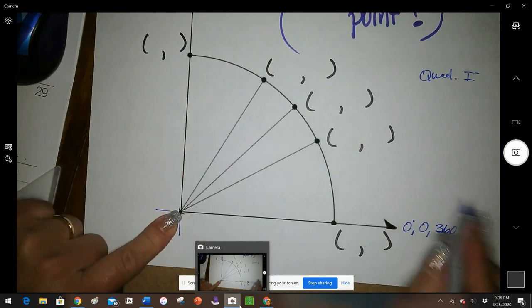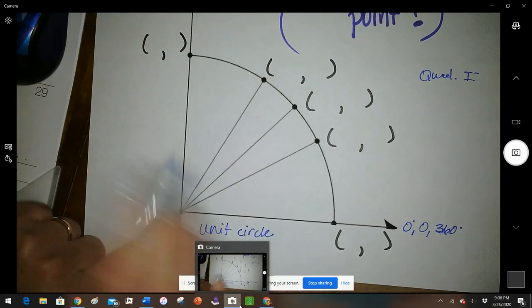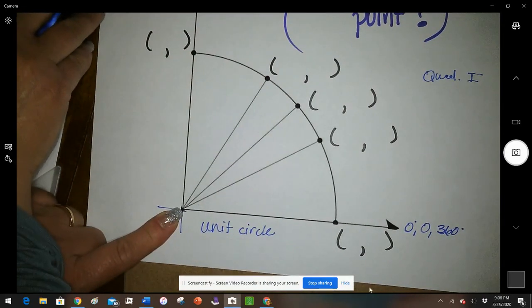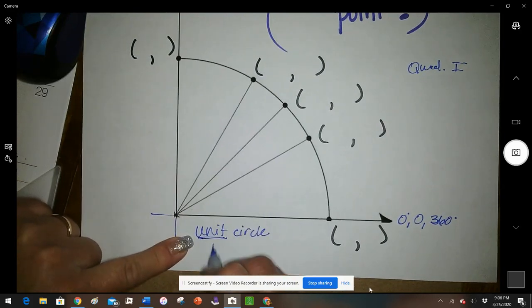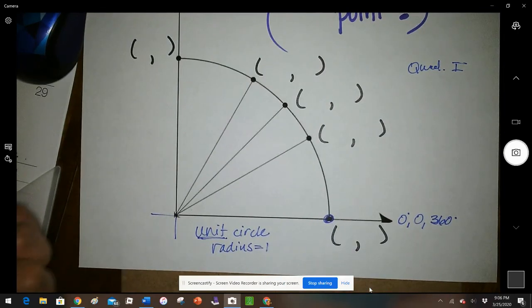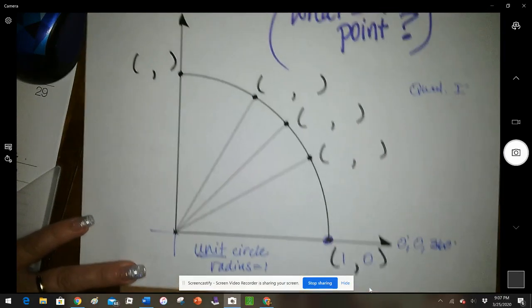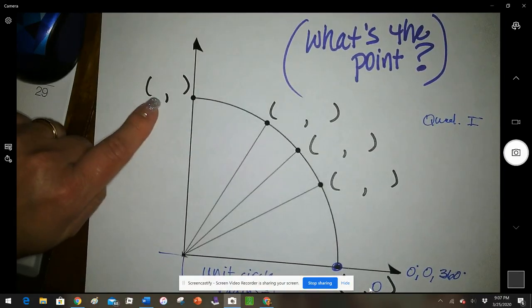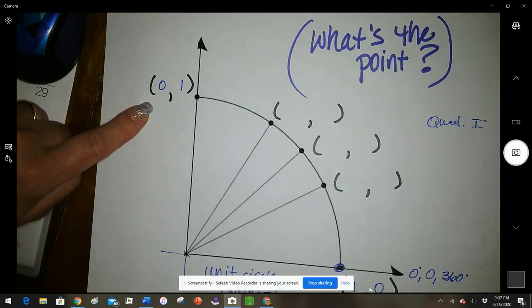And because we're on a unit circle, the unit circle means that the radius is 1. And so this point right here is the coordinate point 1, 0. This point all the way up here is the point 0, 1.